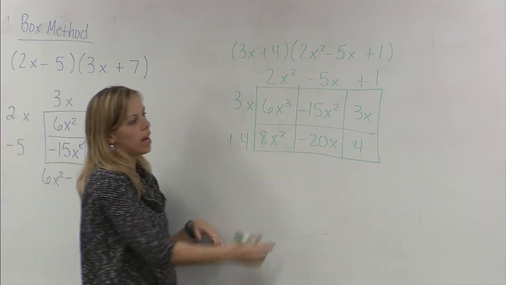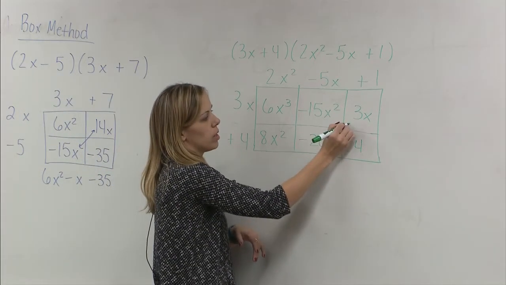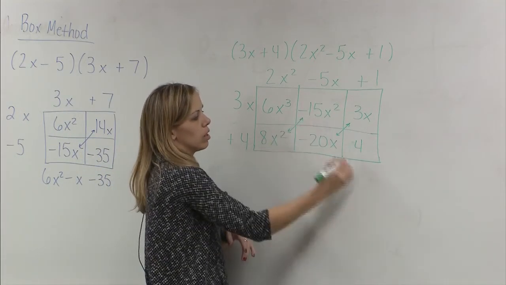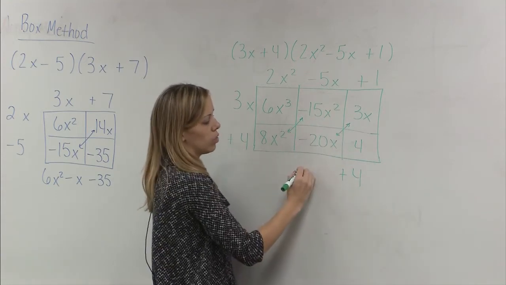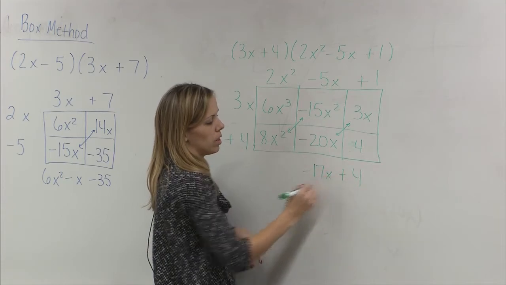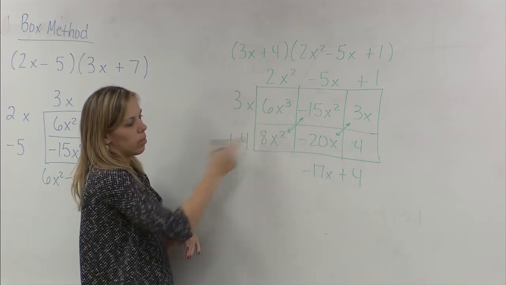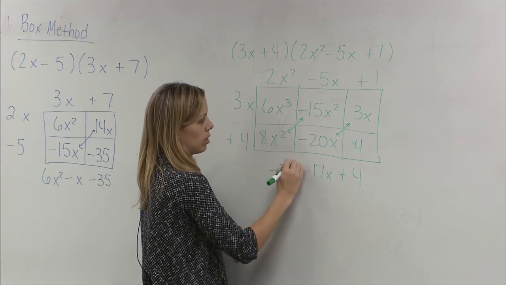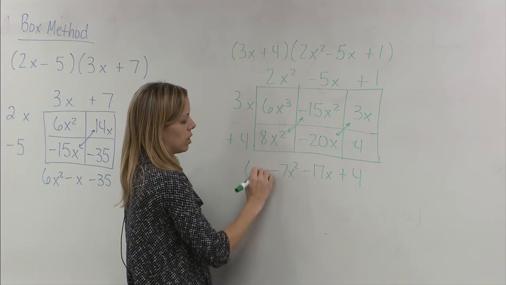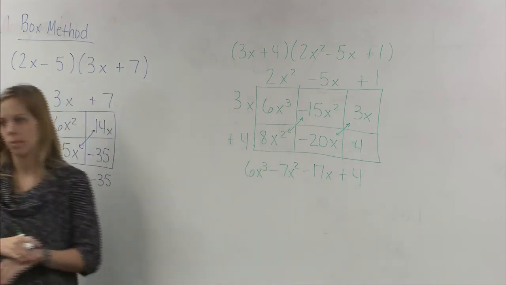And then once again, on our diagonals are going to be our like terms. So I have the positive 4. 3x and then negative 20x would give you a negative 17x. Then we could combine our x squareds because they line up on a diagonal, so negative 7x squared. And then I have the 6x cubed.